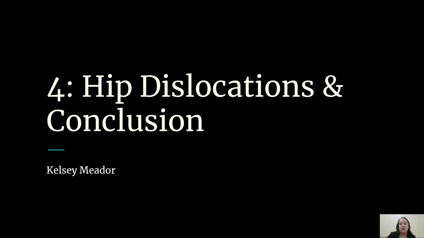Hi, I'm Kelsey. I'm going to be covering hip dislocations and concluding the whole presentation that the other ladies have given. The hip is a diarthrodial joint that maintains its stability with a combination of bony and soft tissue constraints. The incidence of hip dislocations and fracture dislocations is increasing.